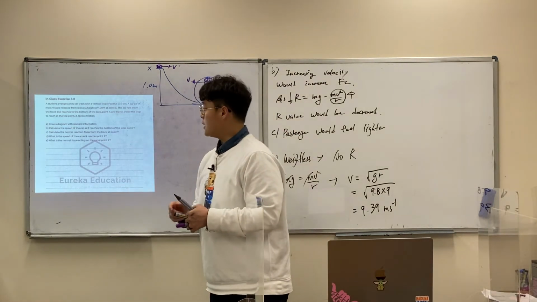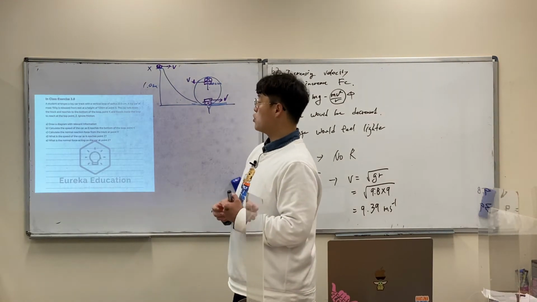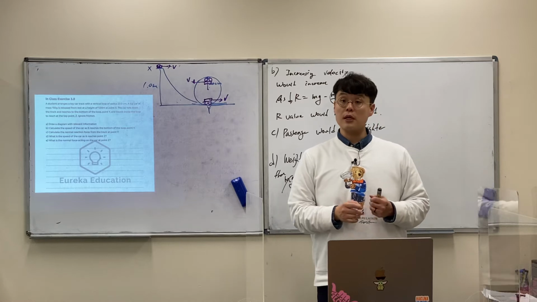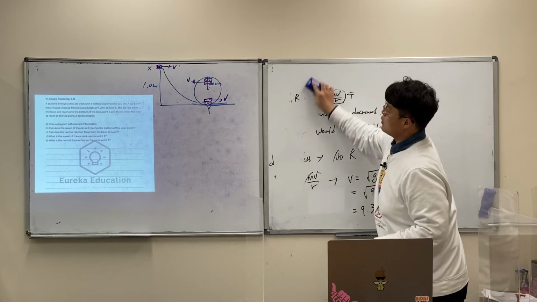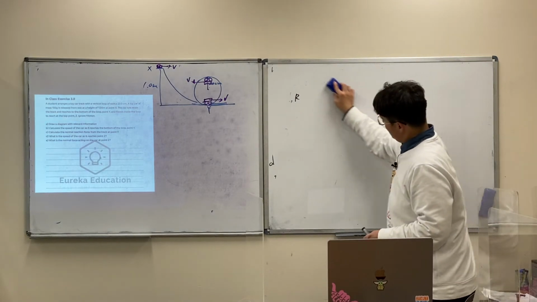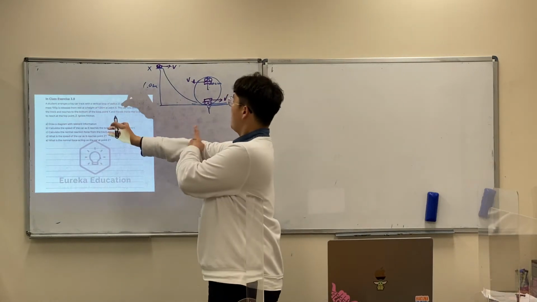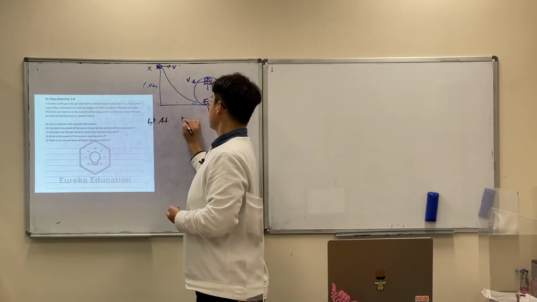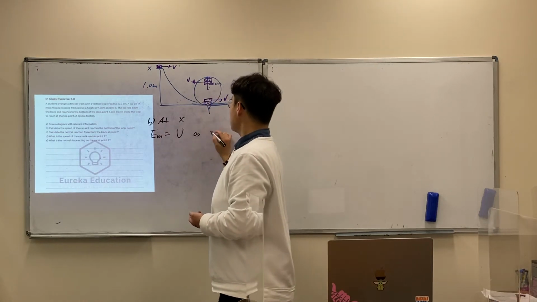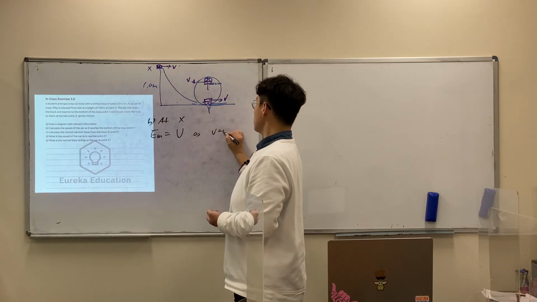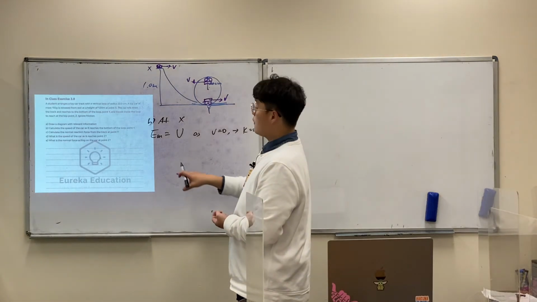B, calculate the speed of the car as it reaches the bottom of the loop at point Y. Again, very similar to the questions we did on the roller coaster, thinking about the gravitational potential energy and the kinetic energy. So I show the full working out. At point X, the total mechanical energy equals U, as the velocity is 0, making K 0.